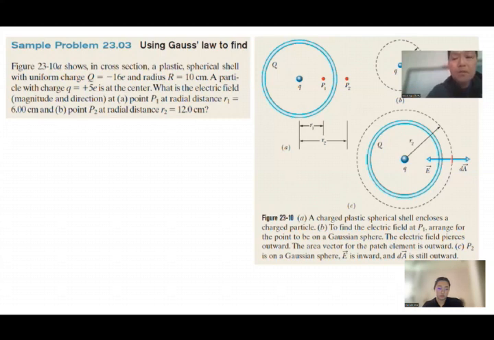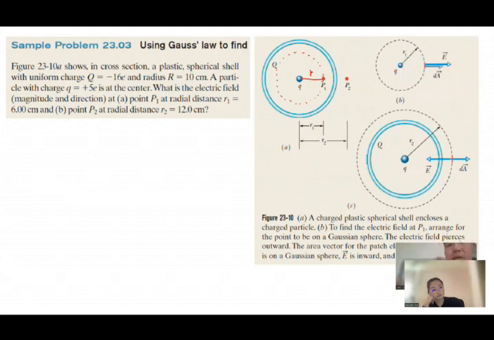Inside the spherical shell, at the position P1, the Gaussian surface should be like this, with radius R1. So R1 is the radius of the Gaussian sphere.